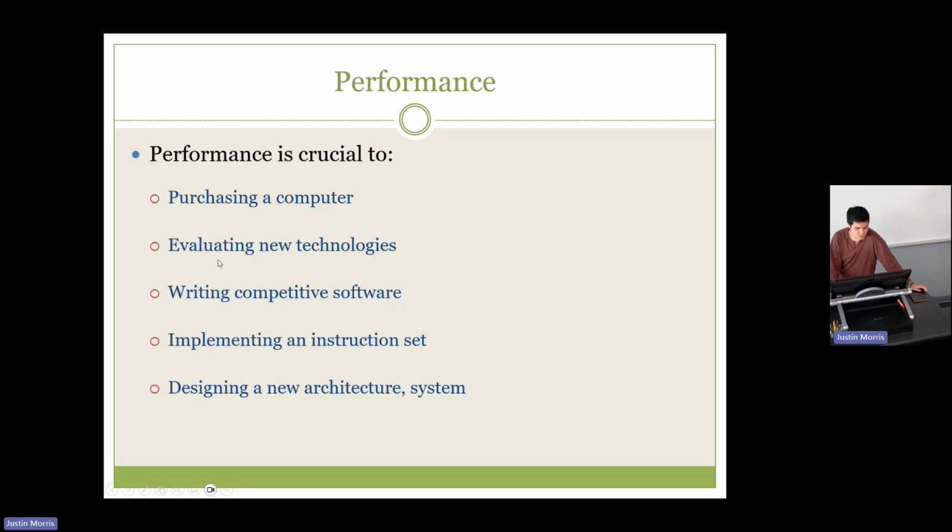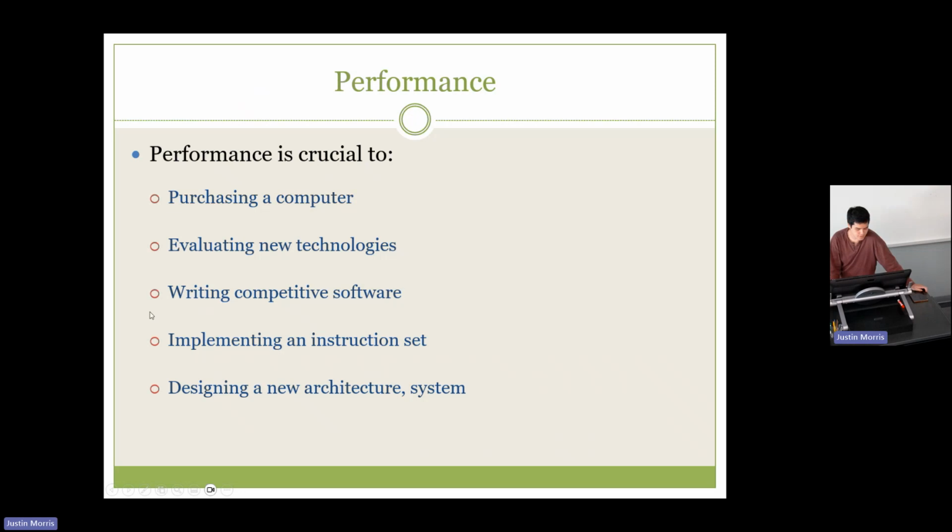So we also want to be able to evaluate those different computers, right? Evaluate them with different applications. We also want to be able to write competitive software. If we do not have the hardware to test our new programs on, then we don't know how they will perform, really, right?